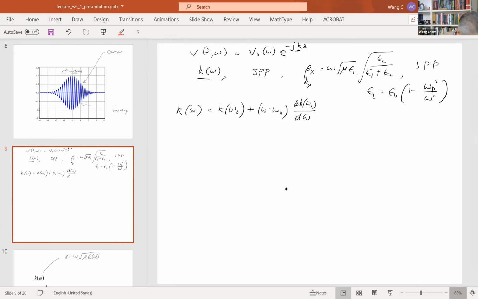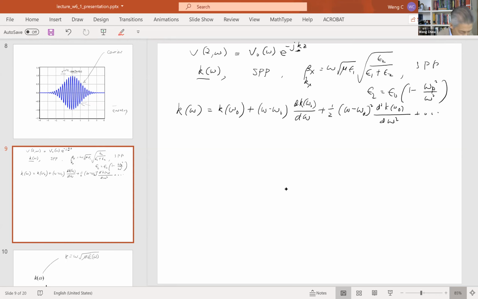This is just the first term in the Taylor series expansion. And then I can take the second term in the series. I will have this as my second term, dot, dot, dot, okay? So I'm going to plug this back in to get the time domain signal.